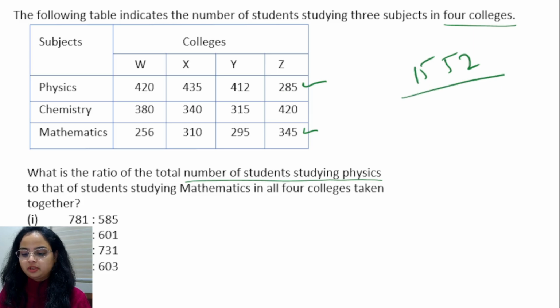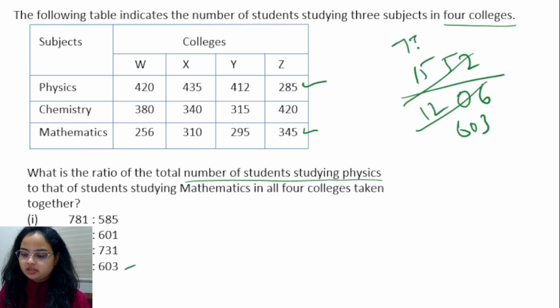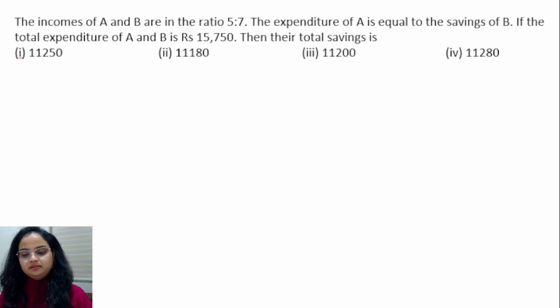Okay, now this is, it is 603. 603 is there in the denominator. Okay, and in the numerator it is 776. Okay, fourth option. Next one.